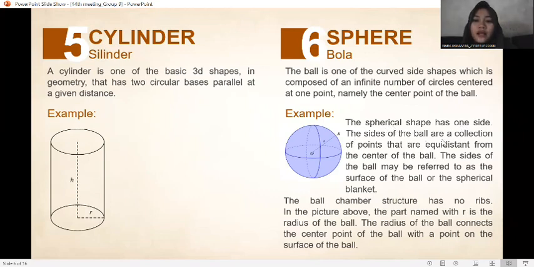The sides of the ball are a collection of points equidistant from the center of the ball. The sides of the ball may be referred to as the surface of the ball or the spherical blanket. The ball structure has no edges. In the picture above, the part named R is the radius of the ball. The radius connects the center point of the ball with a point on the surface of the ball.